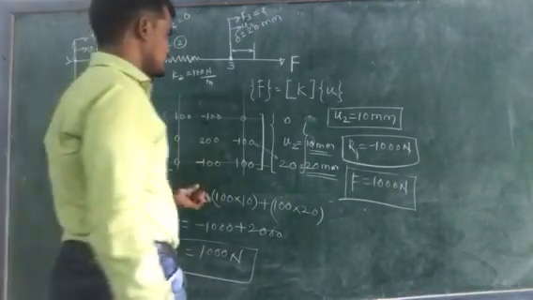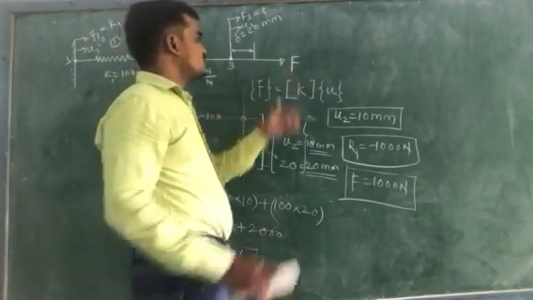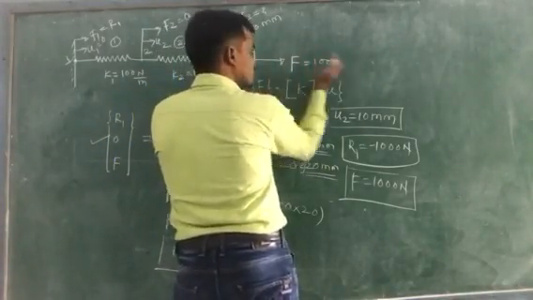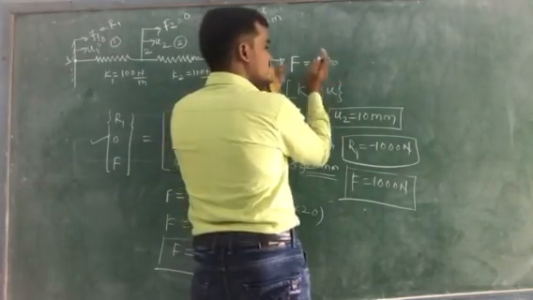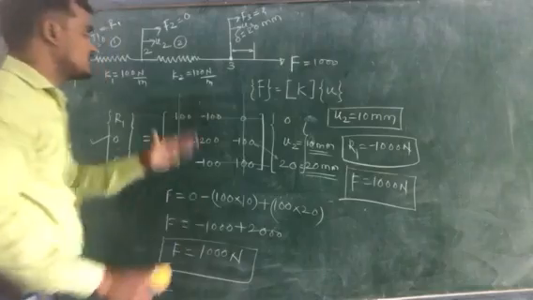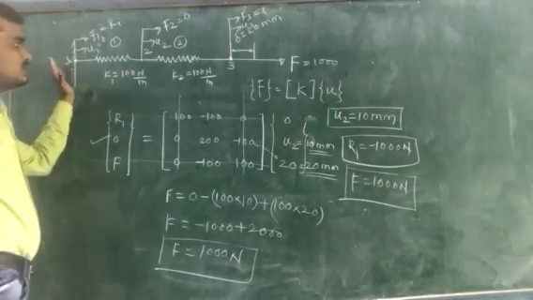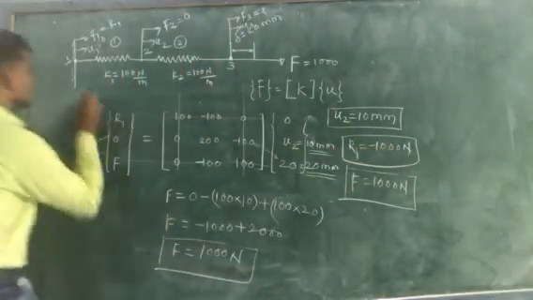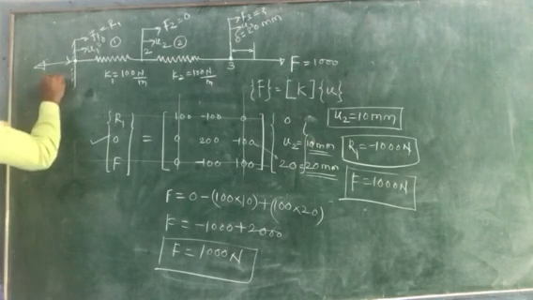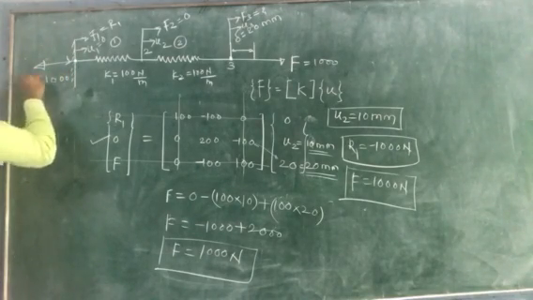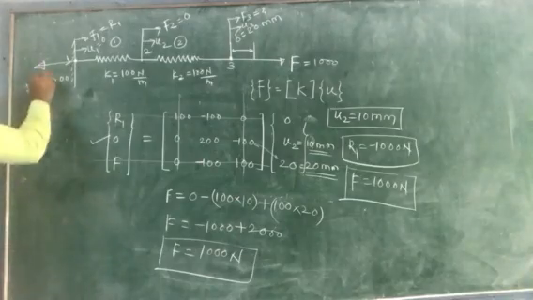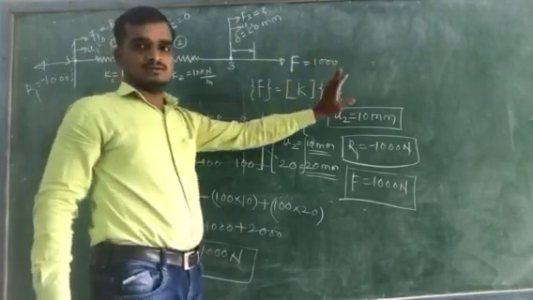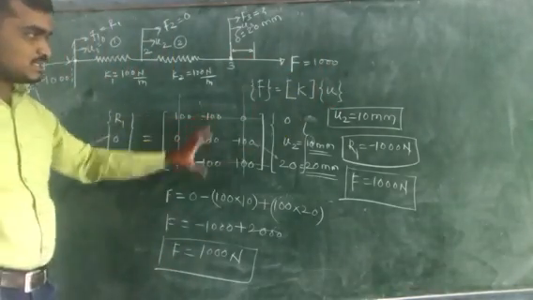To cross check, if the value of 1000 is applied in the tensile, positive direction, then the same magnitude must be at node 1 to balance this spring system. Look, the value of R1 is minus 1000, meaning it is acting in the opposite direction to the force F. Minus means it is acting in the negative direction to that force F equal to 1000. So our answers are correct.